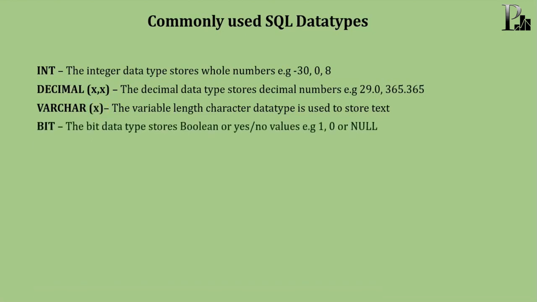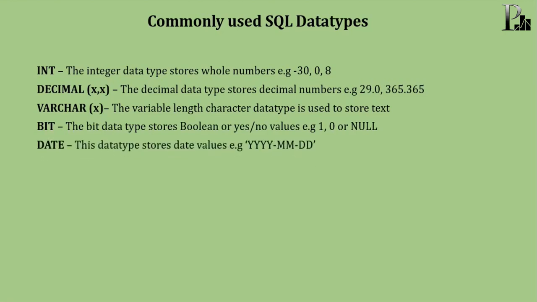Then the bit data type stores boolean or yes or no values. Sometimes you just need to store whether something is true or false. You can use 1 to signify true, or 0 to signify false, or you can just put null if you have no value. So the bit data type is used to store this kind of value.